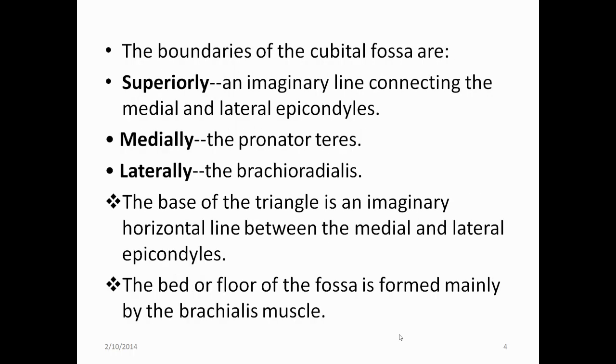Boundaries of the cubital fossa: superiorly, an imaginary line connecting the medial and lateral epicondyles; medially, pronator teres; laterally, brachioradialis. The base of the triangle is an imaginary horizontal line between the medial and lateral epicondyles. The bed or floor of the fossa is formed mainly by the brachialis muscle.